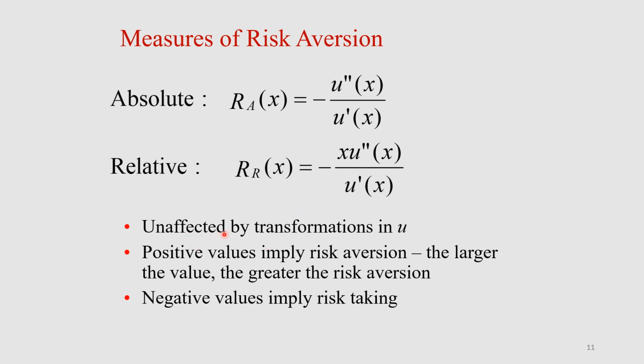Now notice that these are unaffected by transformations in the utility function. Positive values imply risk aversion. The larger the value, the greater the risk aversion. And negative values imply risk taking. So it's important to keep in mind, when these numbers are positive, you have risk aversion. When they're negative, you have risk taking.